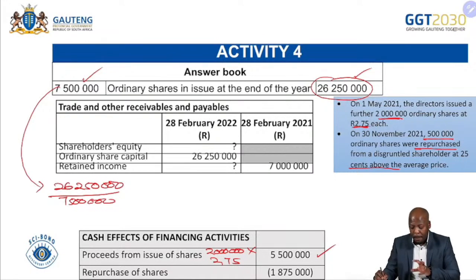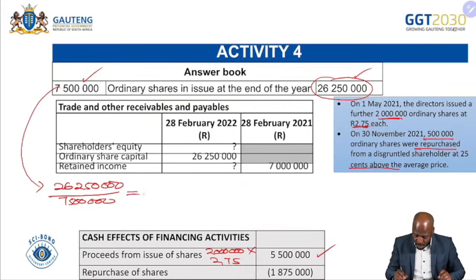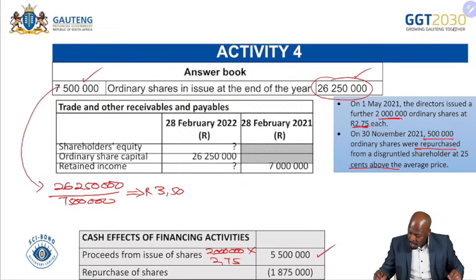Then if I divide this, I'm going to get an average price of 3.50 Rand. So if I get my 3.50 Rand, that is the average price, and I'm told here I paid 25 cents more or above. So I'm going to add 25 cents here. That means it becomes 3.75 Rand. So on the repurchase of shares, therefore, I'm going to say 500,000 shares multiplied by 3.75 Rand.